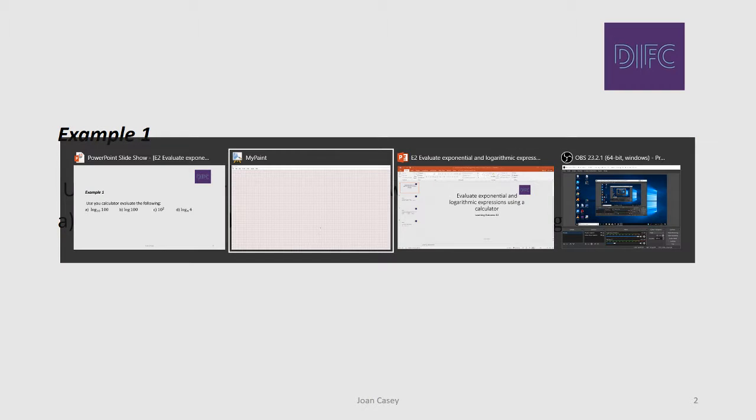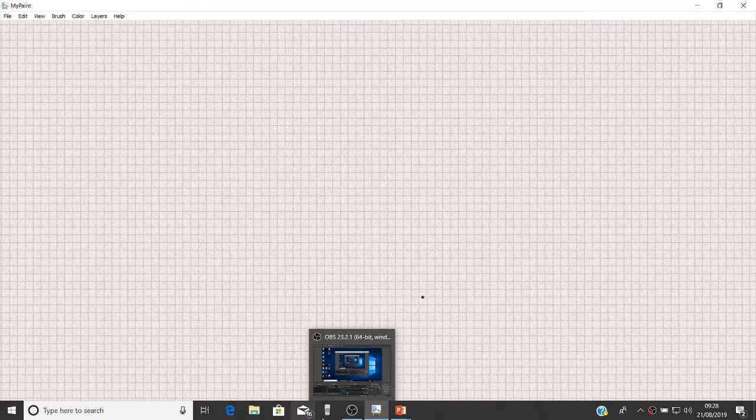So let's just skip across here and I'll bring up the calculator. Well, first of all, I'll write the problem for A first. Let us take a look at example 1. A was to just use the calculator showing log base 10 of 100.